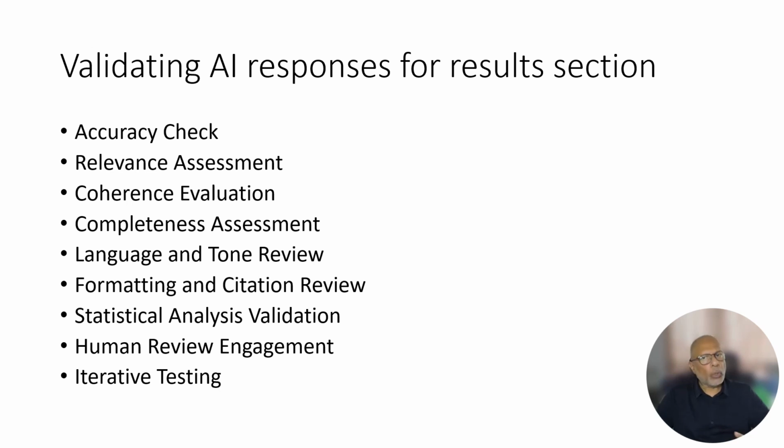The language and tone again must sync with published articles in your subject area, and make sure the formatting and citations are accurate. The statistical analysis must be validated, and it is at this stage, once you have got your draft of your results section, that you need to check every paragraph and ensure that it makes sense.